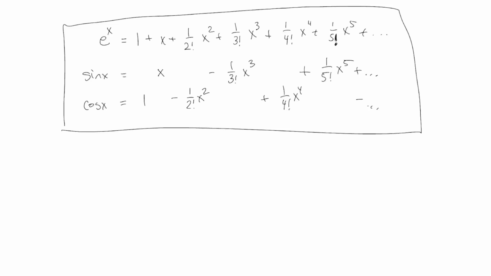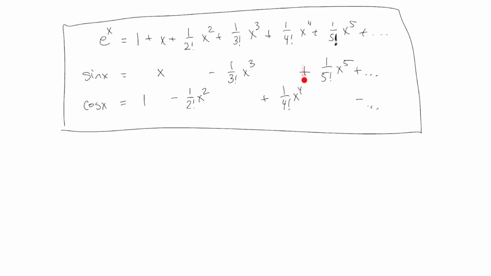One thing I wanted to talk about today is the relationship between these three, something I mentioned at the very end last time. Sine and cosine are basically the same stuff: sine has all the odd numbered terms, cosine has all the even numbered ones.